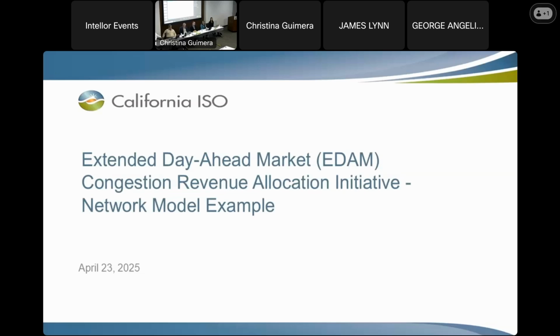However, in the revised proposal, TBC OAT is being calculated based on the marginal cost of congestion in either BA.